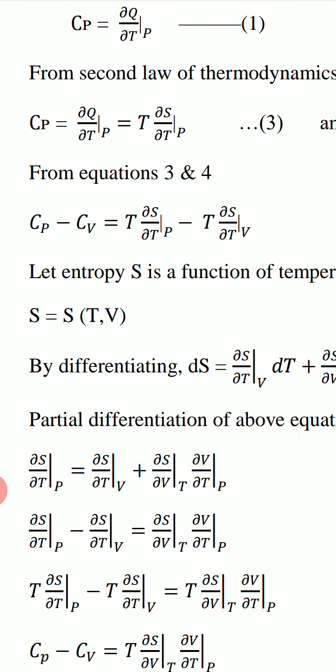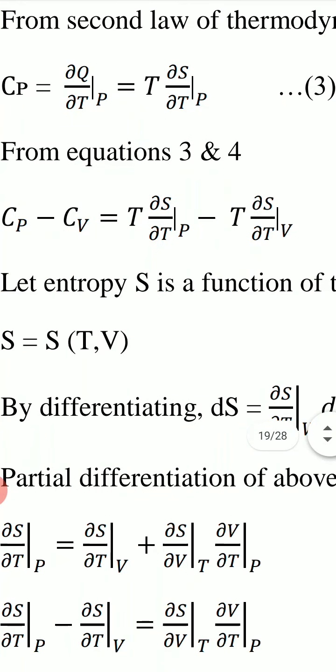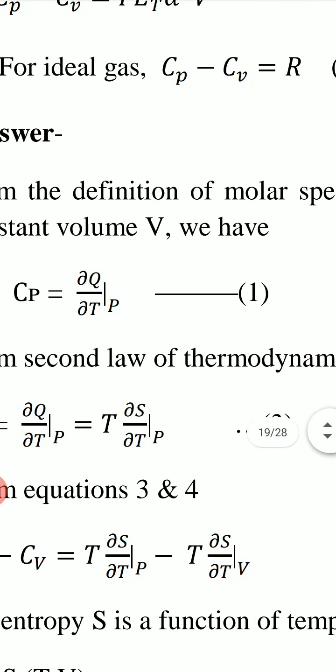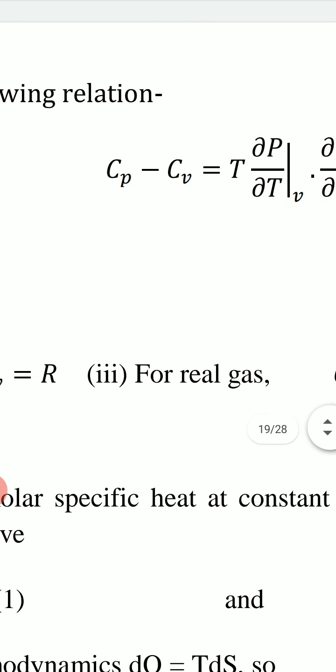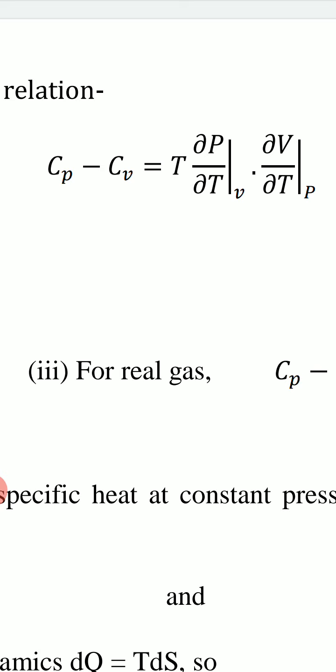Now Cp minus Cv now becomes T delta S upon delta T at constant P minus T delta S upon delta T at constant V. But we have to prove that Cp minus Cv is T delta P upon delta T at constant V into delta V upon delta T at constant P. In this expression, entropy S is not here.